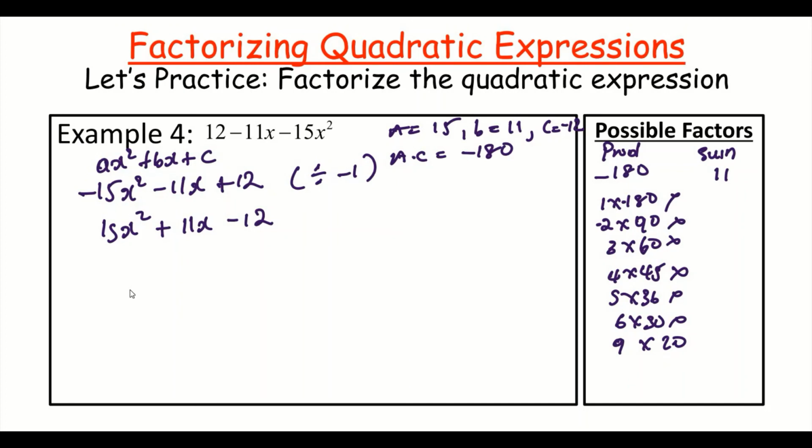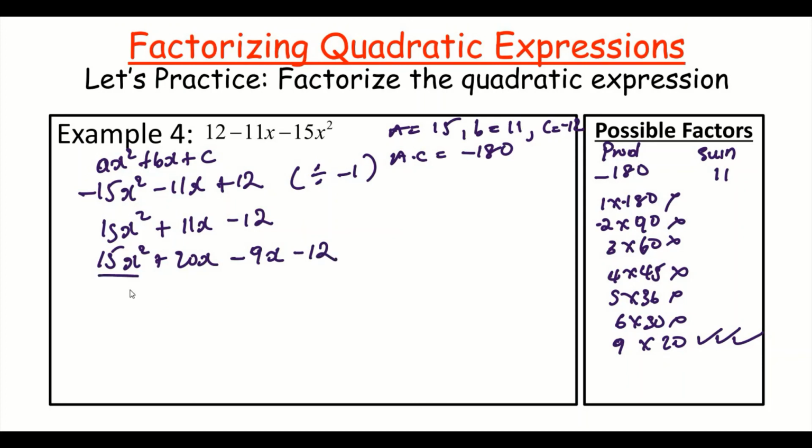Perfect. Ding ding ding, our answer is right here. So our 11x now becomes 20x minus 9x. So our middle term breaks out to 15x squared plus 20x minus 9x minus 12.